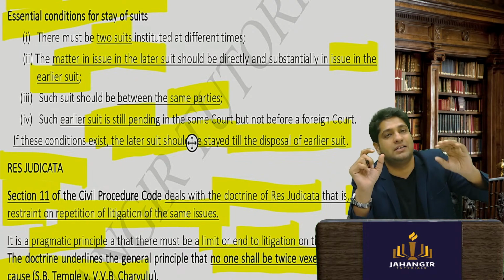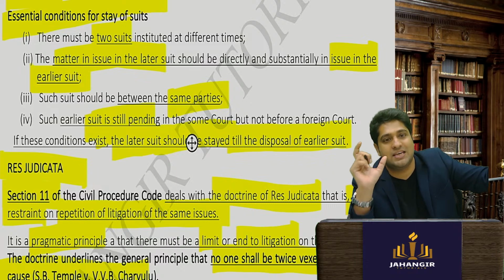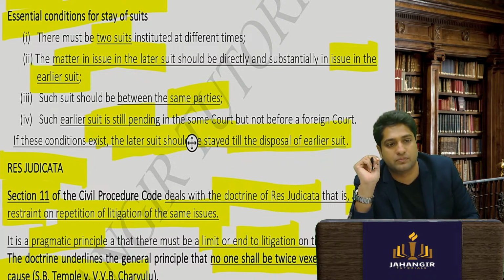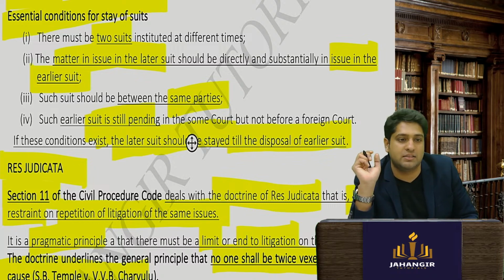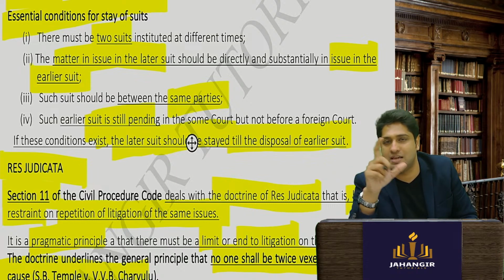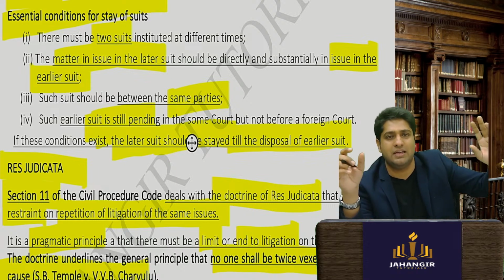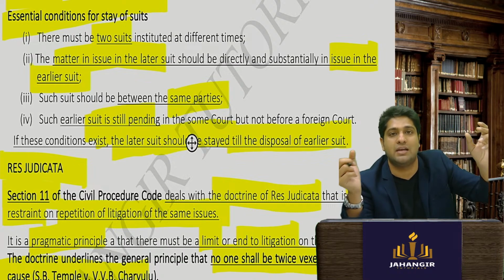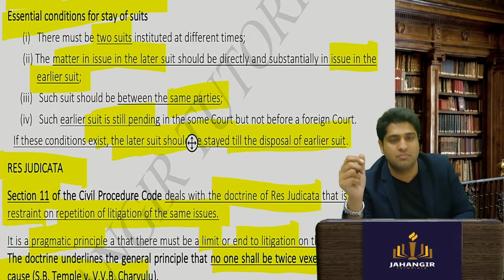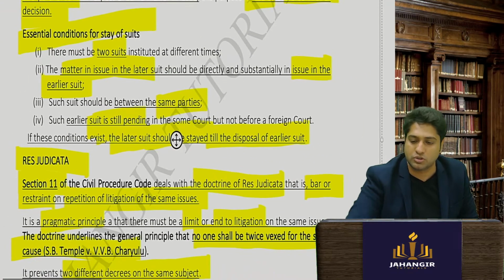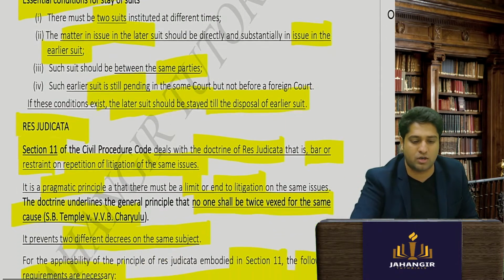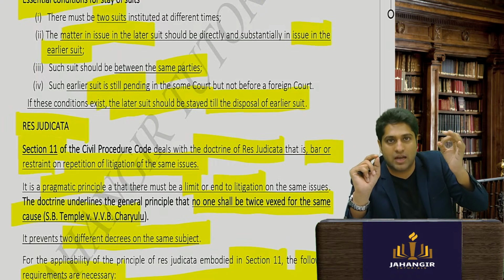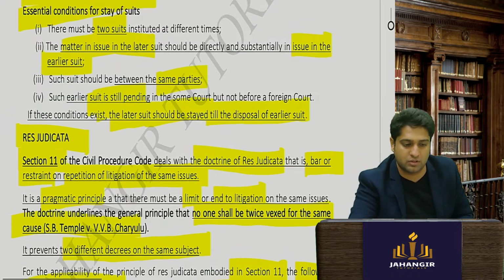The matter in case 1 is substantially the same as in case 2. It is between the same parties litigating under the same title. Same parties means A is the plaintiff and B is the defendant, and here too the same. It is exactly the same suit. Then the second court is told not to take up the matter, but the only condition is that the earlier case should be pending in a court in India. Then only the rule will apply.